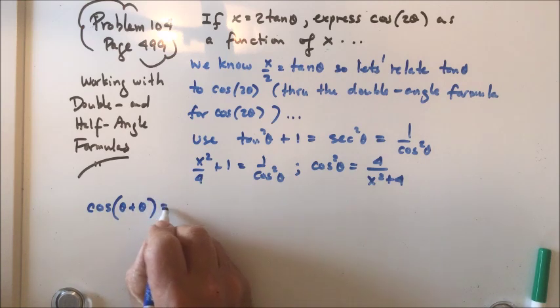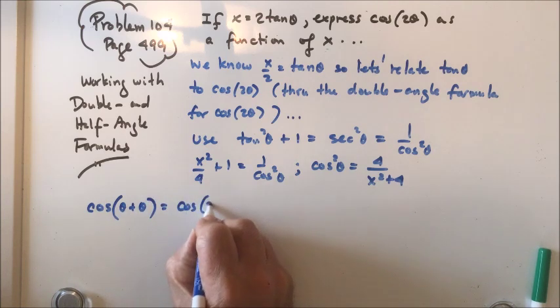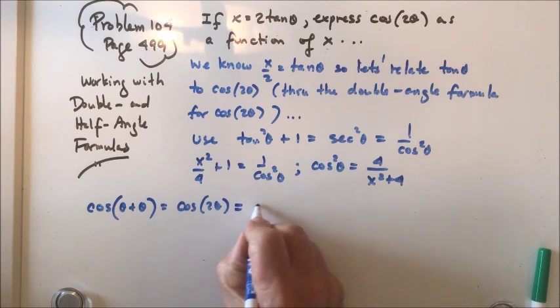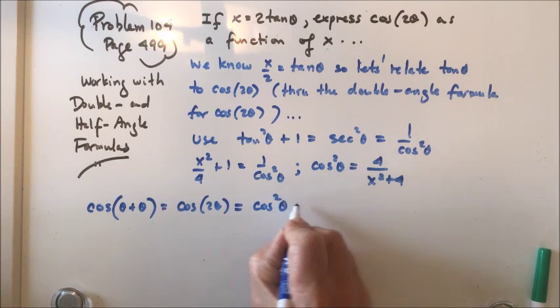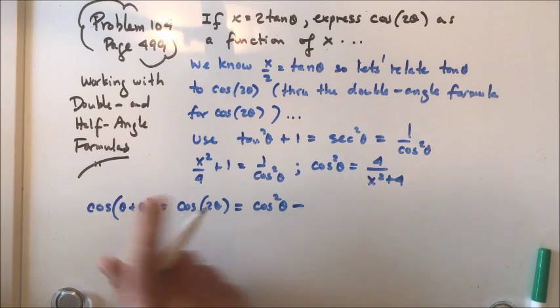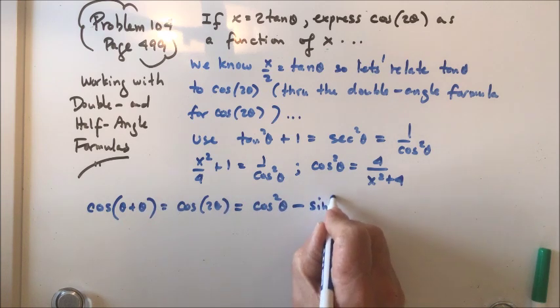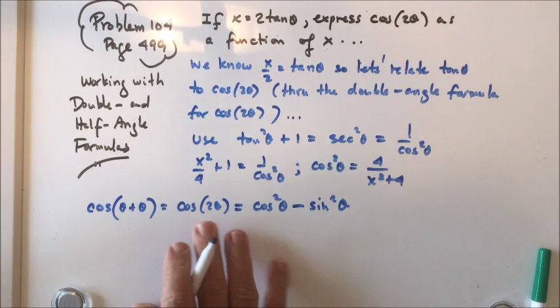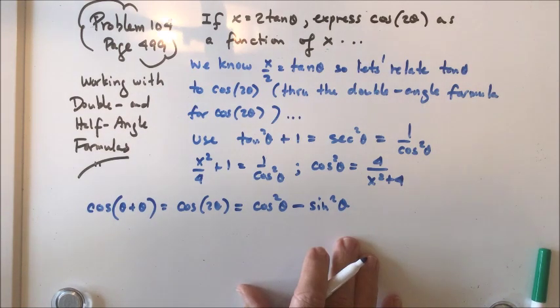Cosine theta plus theta, that's cosine 2 theta. It's cosine theta times cosine theta, cosine squared theta, minus sine theta times sine theta, sine squared theta.